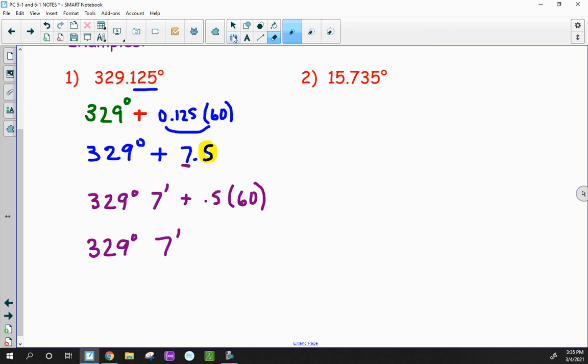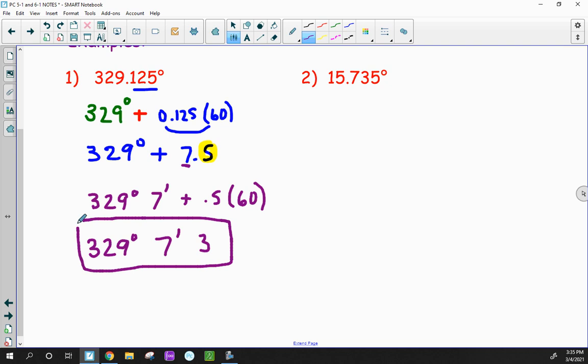So we drop our answer down. Remember, to show seconds, you have to show 2 tick marks above. And that is our first example of how to change from just a degree answer to a degree, minute, second answer.